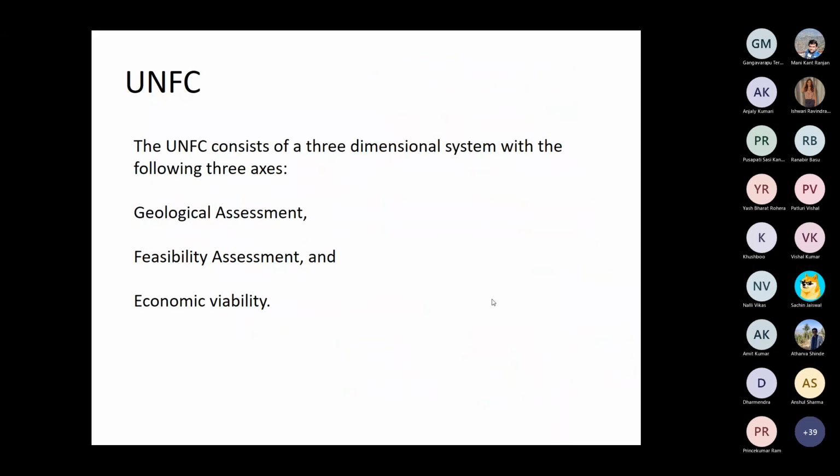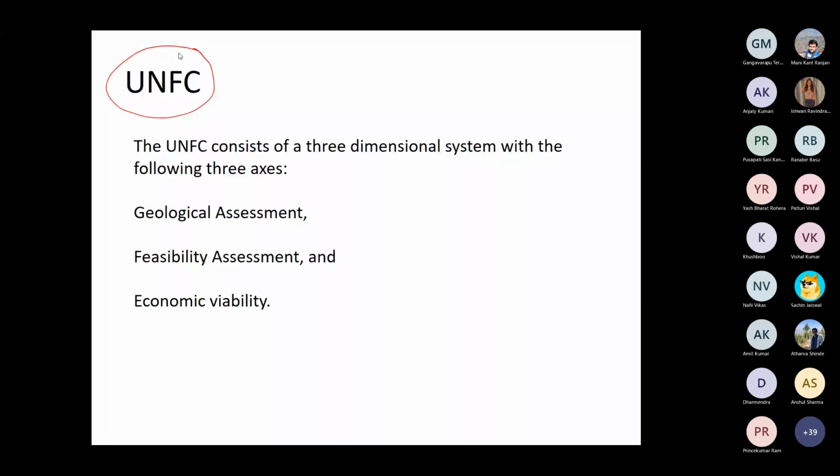The United Nations Framework Classification is for understanding mostly by everybody concerned with the mining of minerals. There has to be a common framework, a common platform by which you can understand the technical, economic, or geological assessment of the mineral resource.